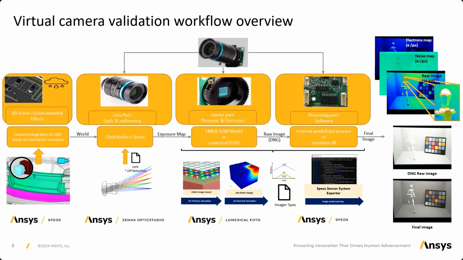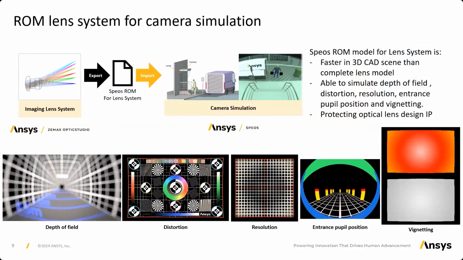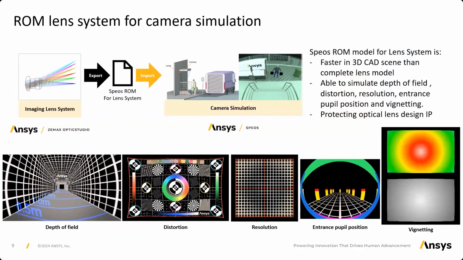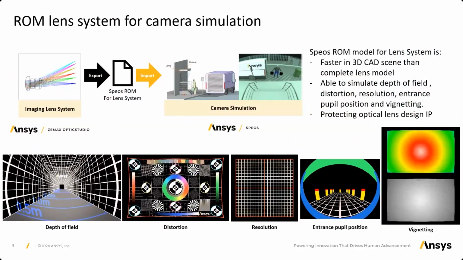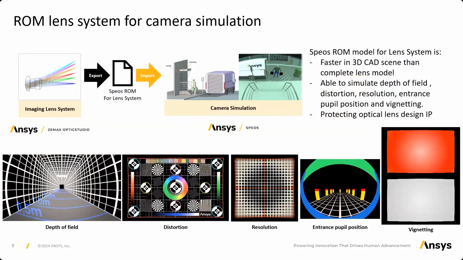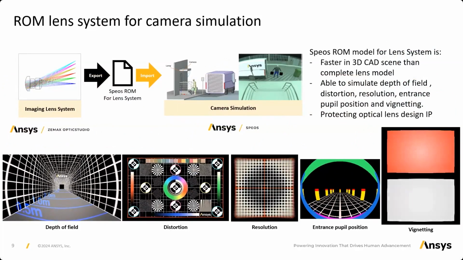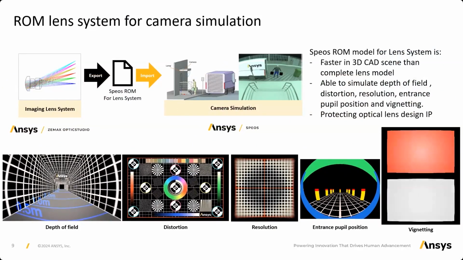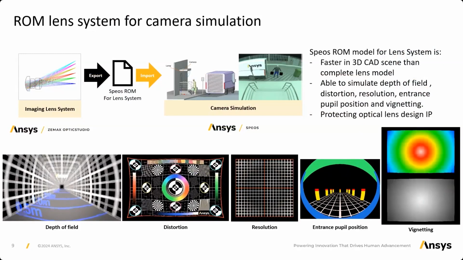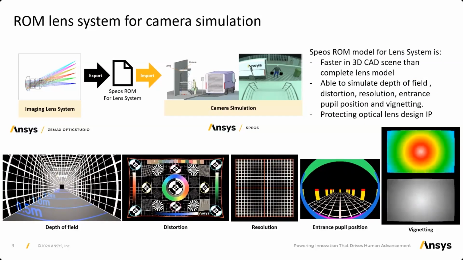Now, if we consider even more details about the different parts I just mentioned, regarding the lens parts, I mentioned a reducible model that can be generated from Optic Studio. Basically, the way it works is that we capture all the optical properties, optical effects, and all the characteristics of the lens system, then export that into a reducible model that can then be used by Speos to reproduce those characteristics inside the 3D scene.